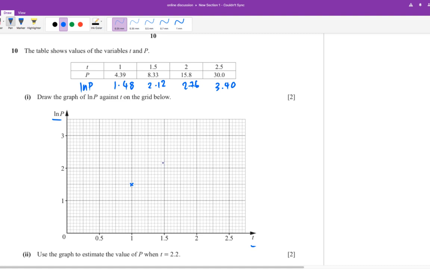Then 2, I will get 2.76. Then the next one I will get 3.4, exactly here. Then I will just draw the line for it.